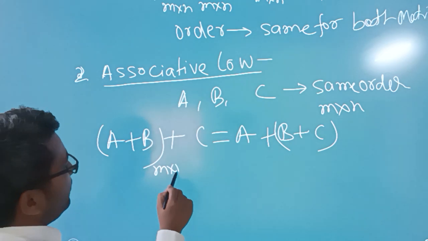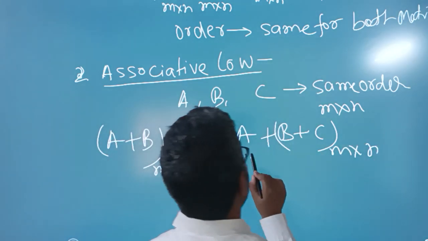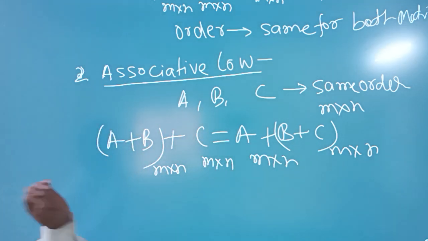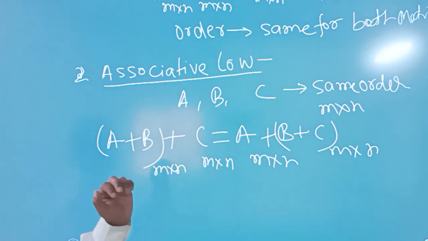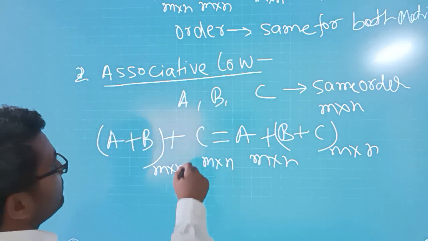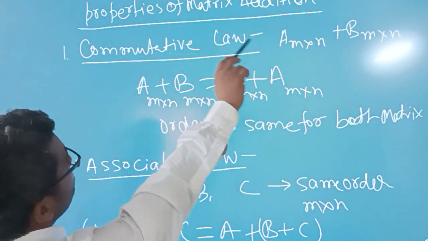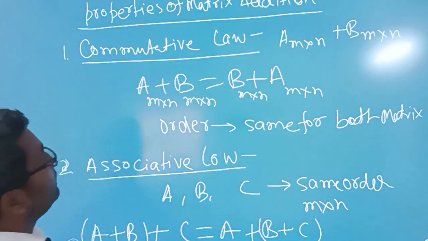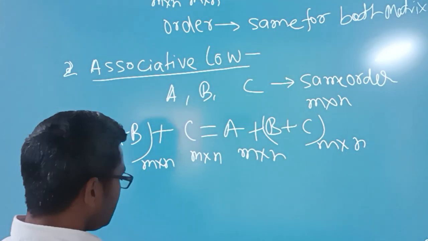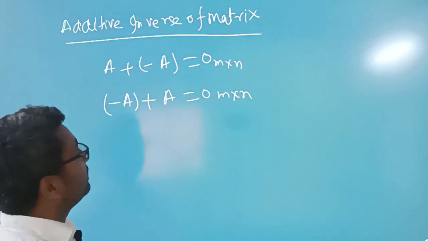The value is the same. This is the associative law applied to addition of matrices. So the properties of matrix addition are the commutative law and the associative law, similar to the addition of numbers.